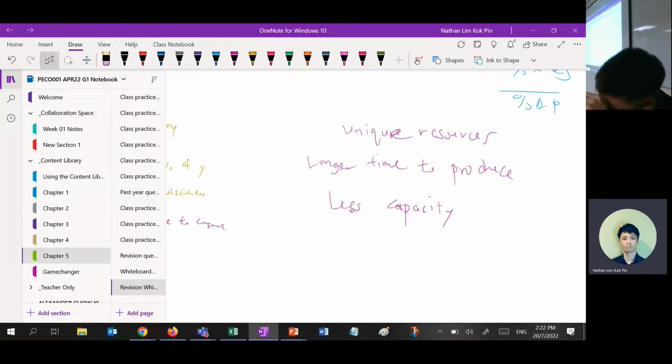Perishability. Remember? If your goods are perishable, then it's more inelastic. Anyone want to give me one more? Availability of resources is here already.